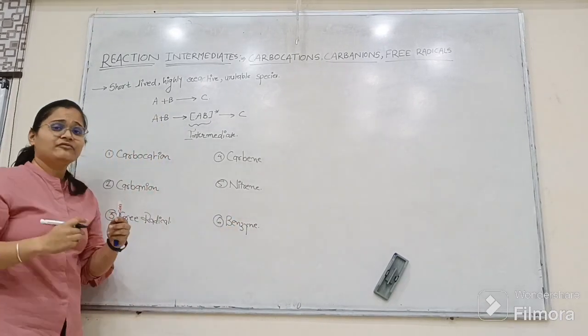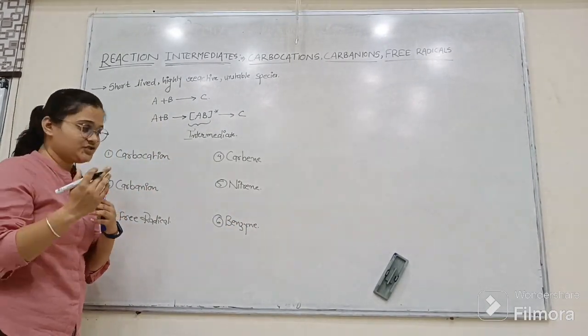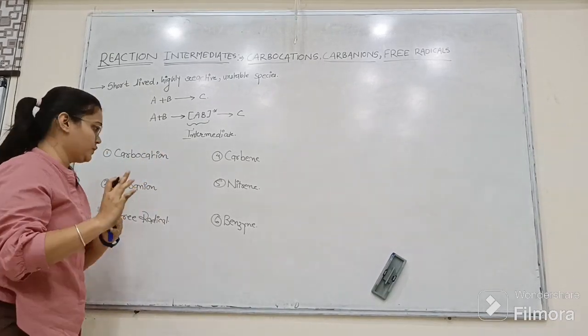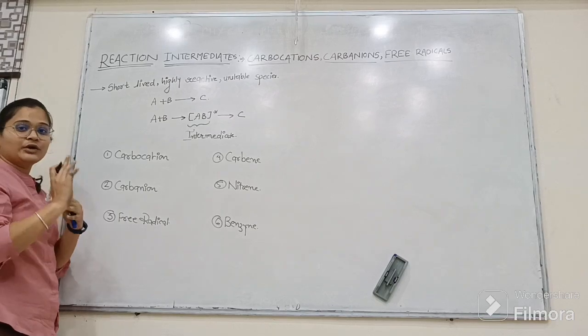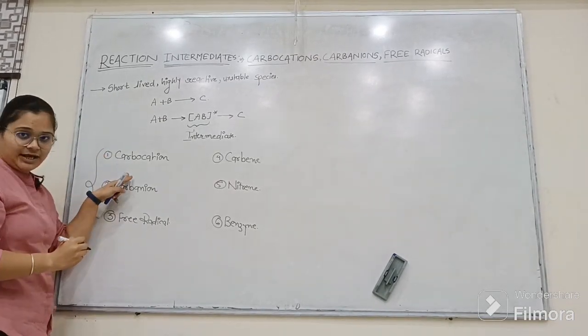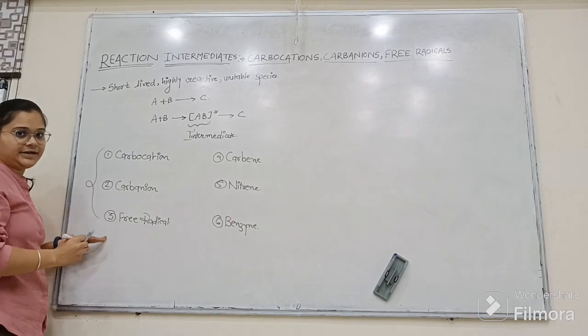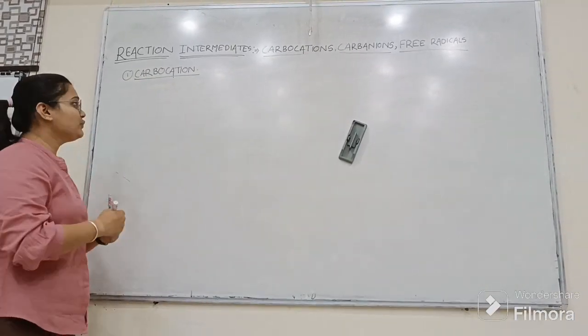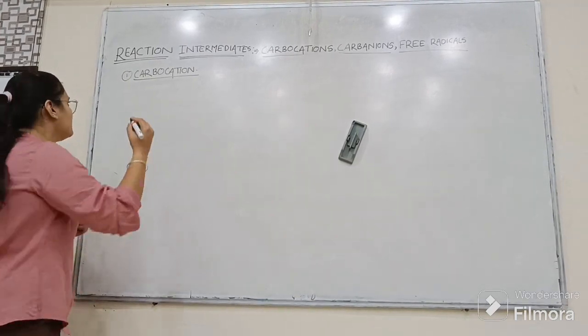So during any organic chemical reaction, these 6 intermediates can be formed. Here we will focus mostly on 3 intermediates: carbocation, carbanion and free radical. The first reactive intermediate is carbocation. What do we mean by carbocation?